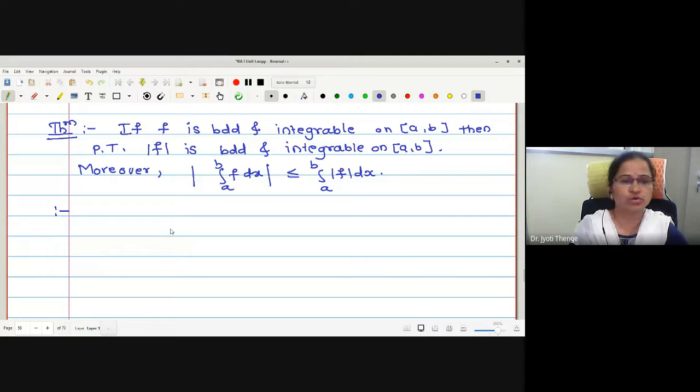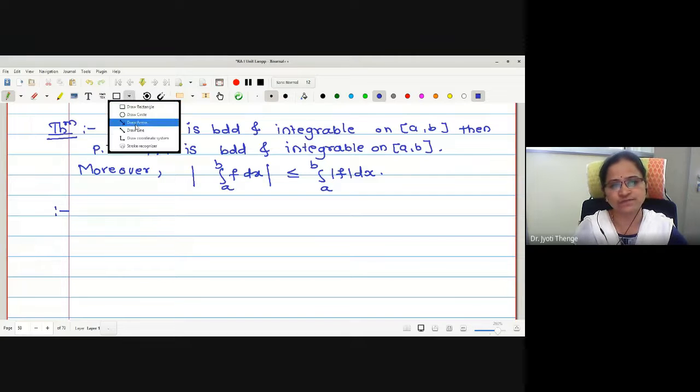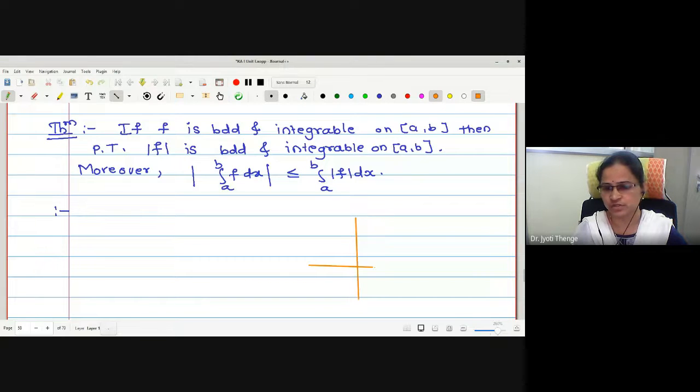Do you know what the nature of the modulus function is? If any function f is given to us, say, what is the nature of the modulus function? You can take some sine curve, right? This is the curve we have, say. This is my original f function.